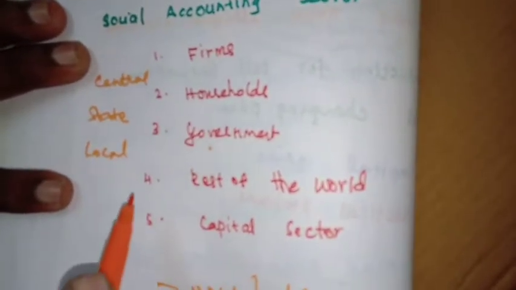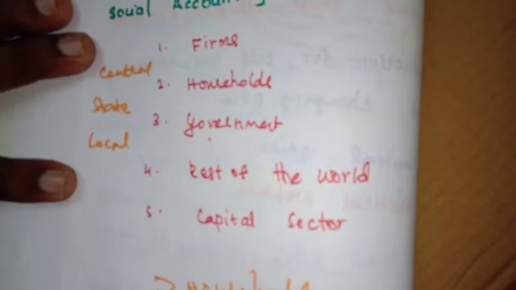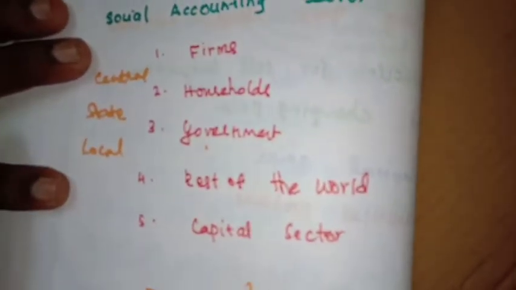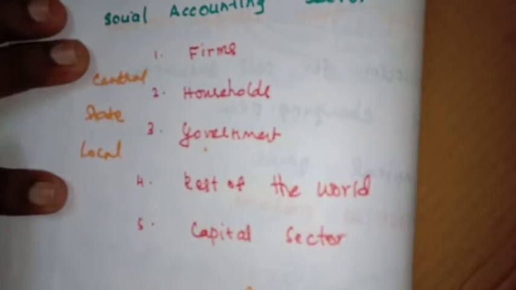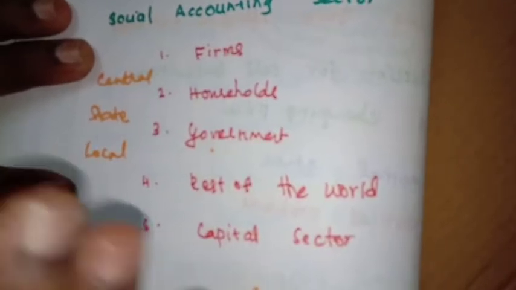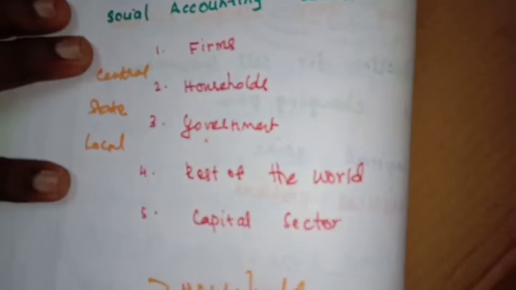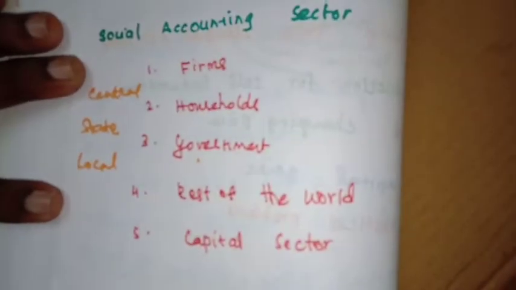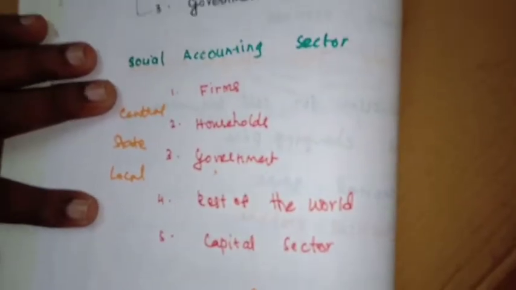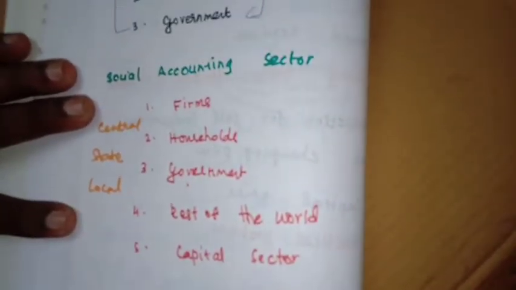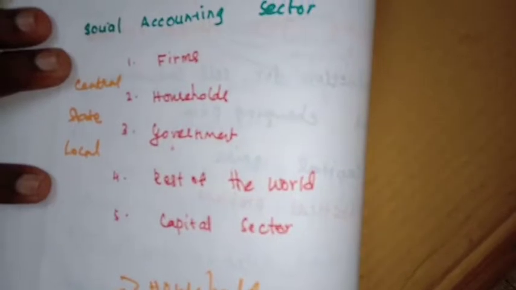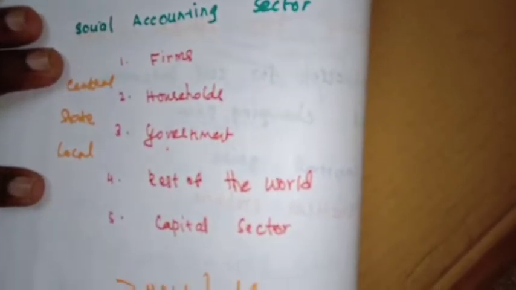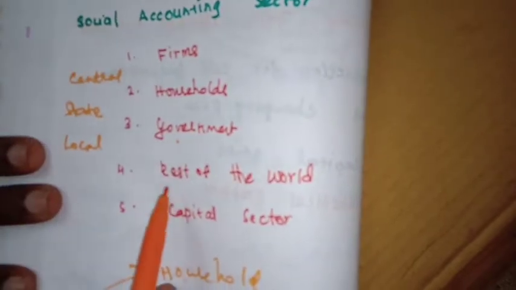So the government collects tax from the firms or industries, and the same tax is spent for improving the standard of living. The government also provides social goods like defense, public health, education, etc. This means satisfying the collective wants of the society. However, public enterprises like post office and railway are separated from the government sector, and are known as firms. And next we will move to the rest of the world.